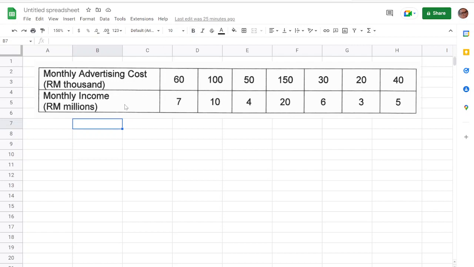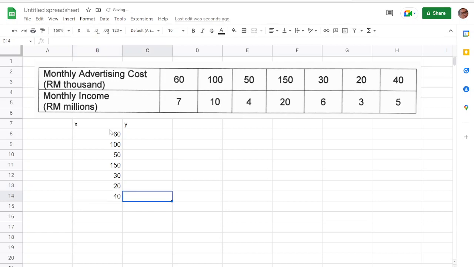Alright. So in this situation, suppose you have the X and then you have the Y variable. So let's just write down the X and Y variable. So the X will be 60, 100, 50, and then 150, and then you have 30, and then you have 20 and 40, right?